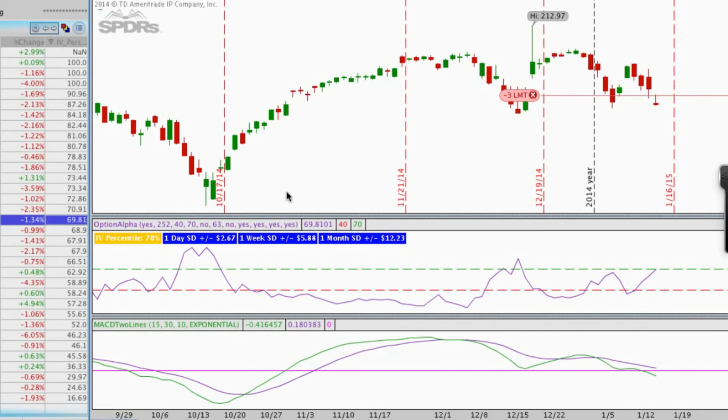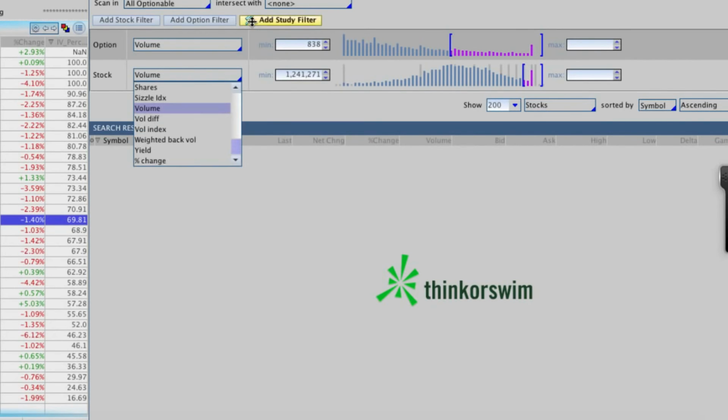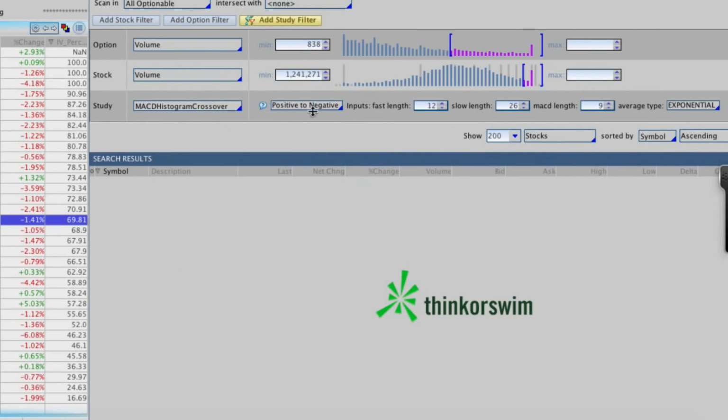So that's really how we start to look for and scan for trades. There are other ways that you can scan for trades with technical analysis by using the scan tab inside thinkorswim. There's a really cool way that you can study filter things by different indicators. So for example, if you wanted to pull up all stocks that had, and if I just add that study indicator, a MACD crossover that was from negative to positive, then you could do that inside thinkorswim.